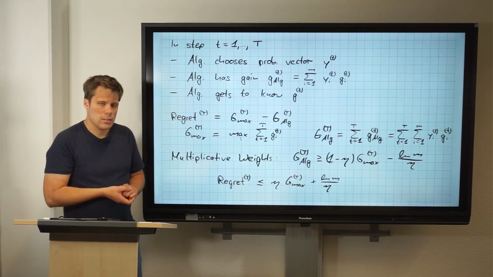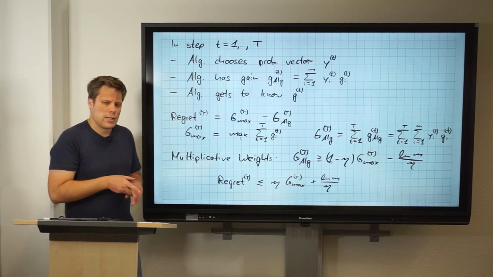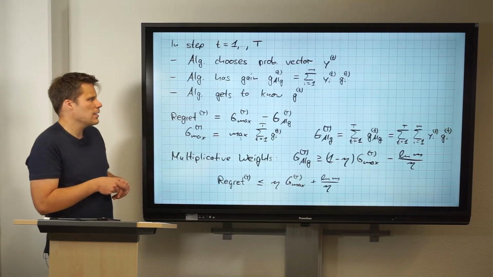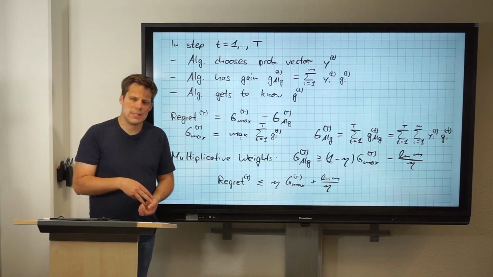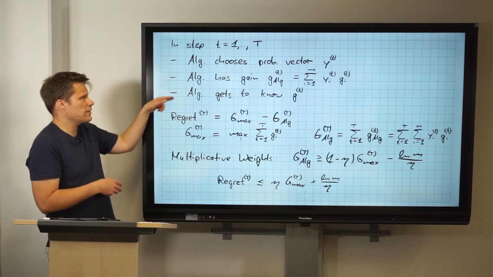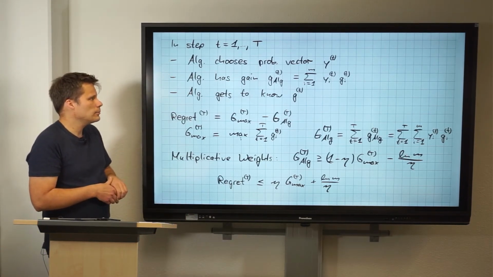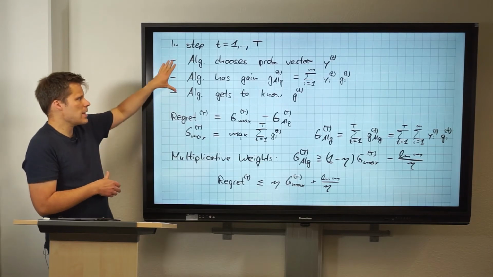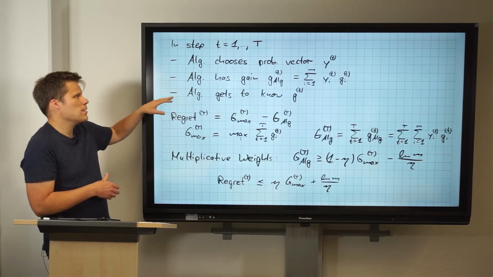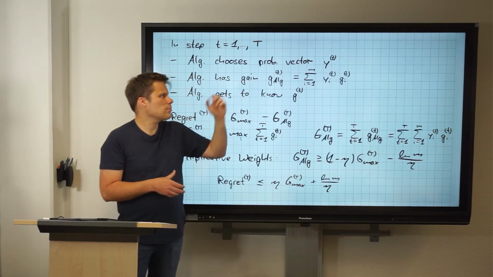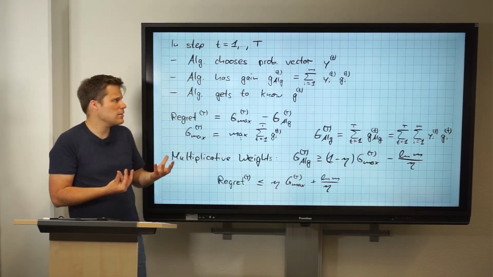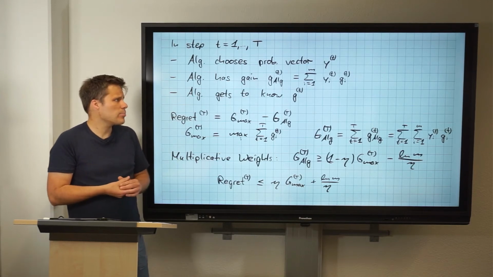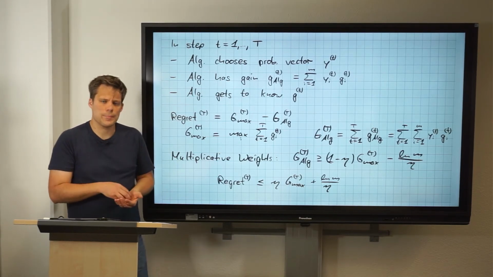Good. So how does our algorithm now work? Our flow algorithm that we will be designing somehow interacts with this experts algorithm. This experts algorithm has some actions available to it, and then decides on a probability vector y.